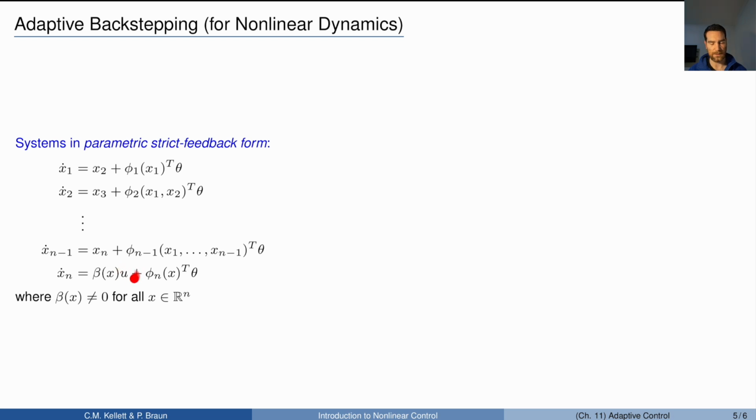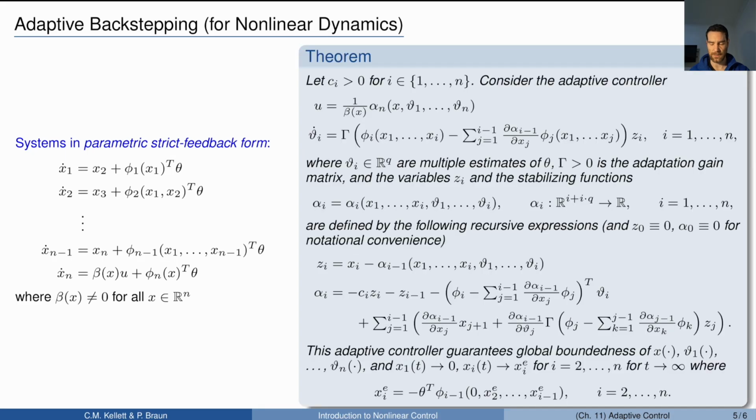Now we can additionally allow additional terms here and functions phi depending on x1, x2, and an unknown parameter theta. If the system is in this form, then we can extend the ideas of backstepping as mentioned before.